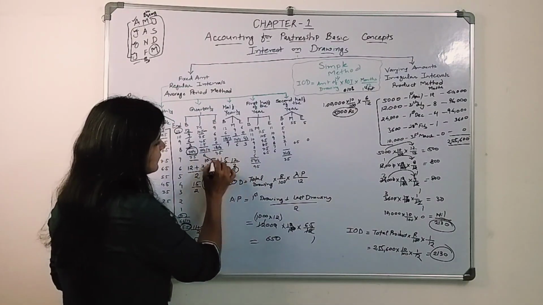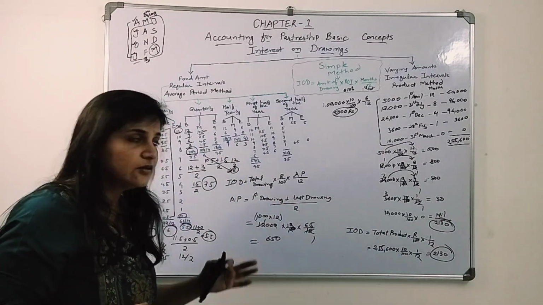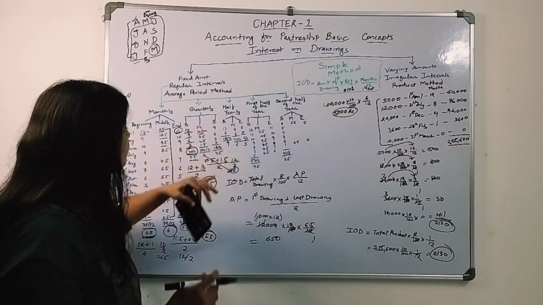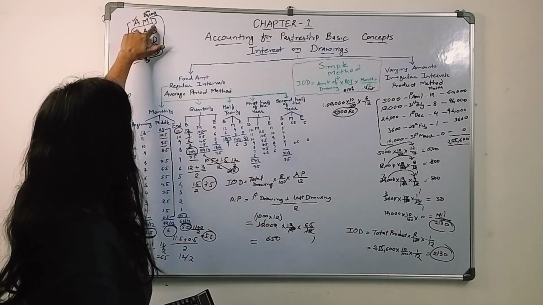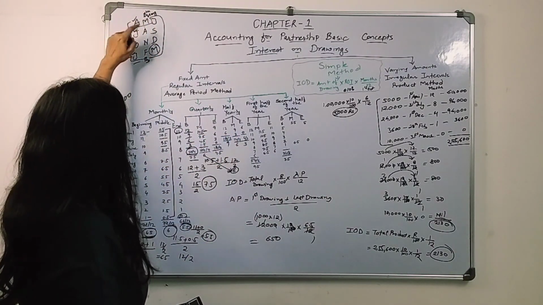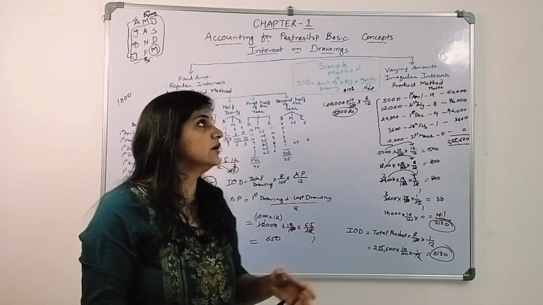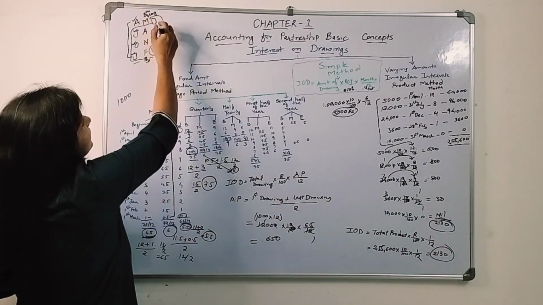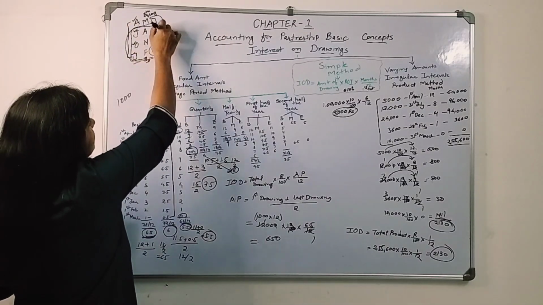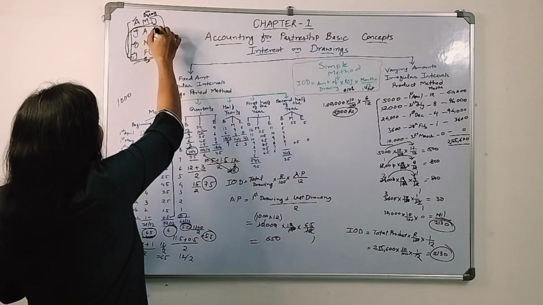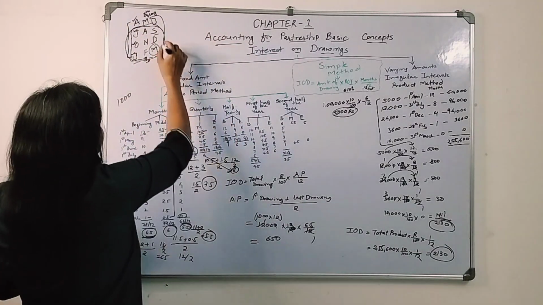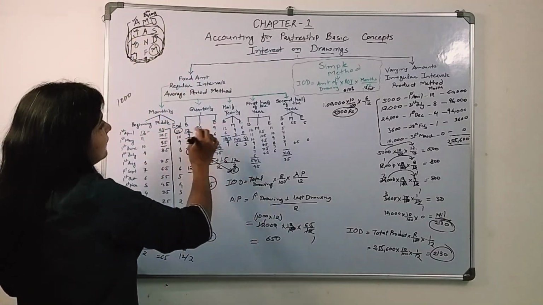Okay, similarly when we say end of the quarter means 30th of June, 30th of September, 31st of December, 31st of March, end of the quarter. So when he withdraws end of the quarter, he has to give interest for the 9 months. Okay, when he withdraws end of September, he has to give interest for the 6 months.